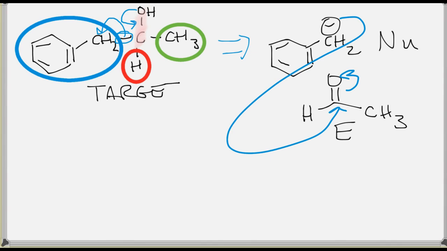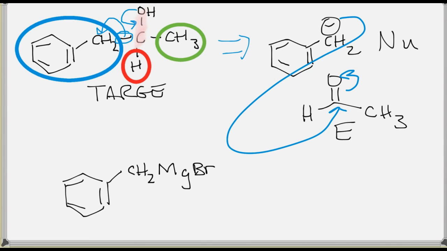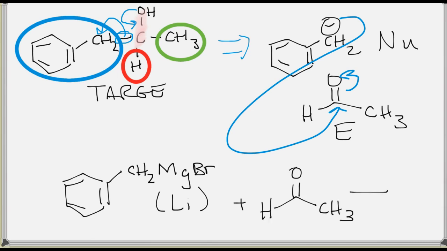Now, if we clean this up a little bit, what this really ends up being is the reaction between this particular real reagent, the Grignard, or it could be the organolithium, plus this aldehyde, and then H3O+ for my workup. So that's how we use the alcohol disconnection.